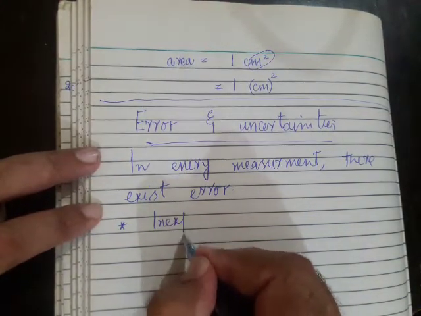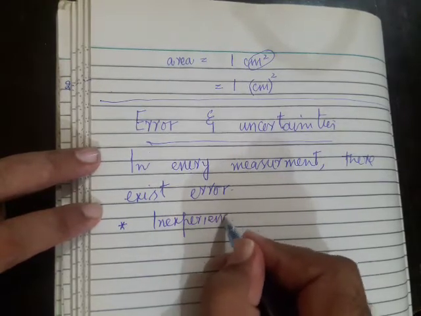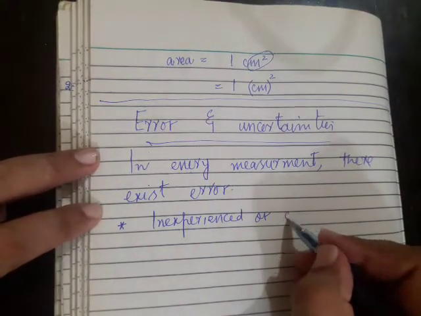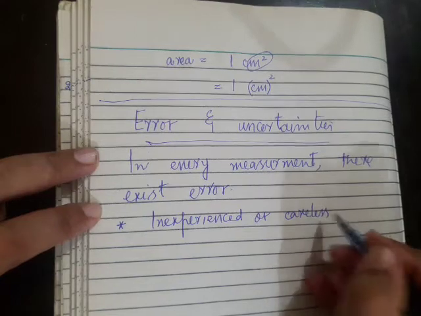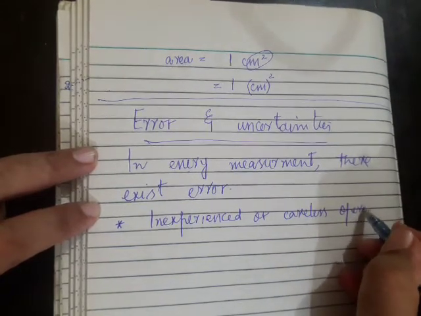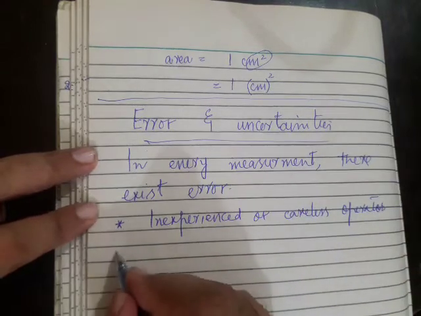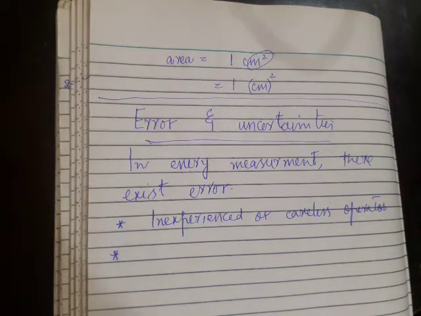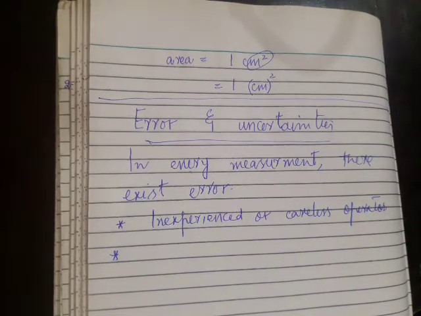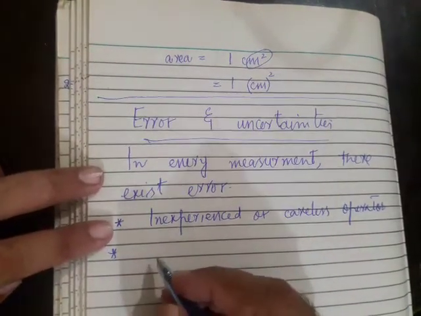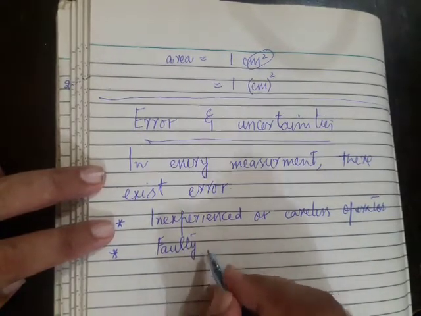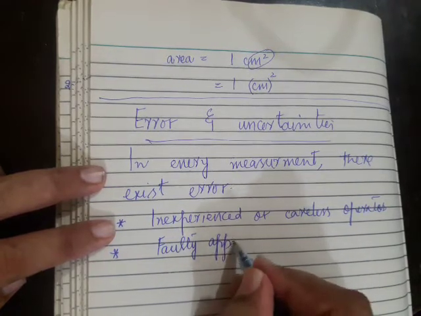First, an inexperienced or careless experimenter, operator. Somebody who is performing the experiment is inexperienced or careless. So there will be error. Second, faulty apparatus.